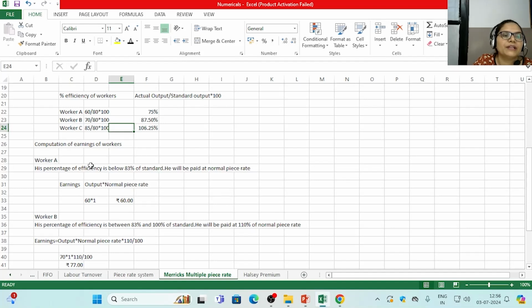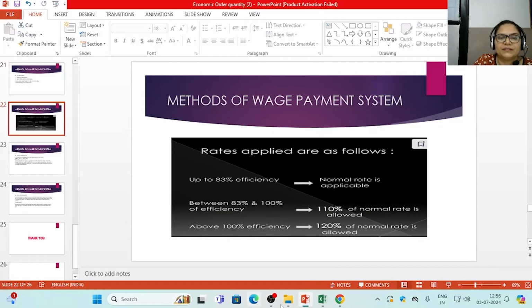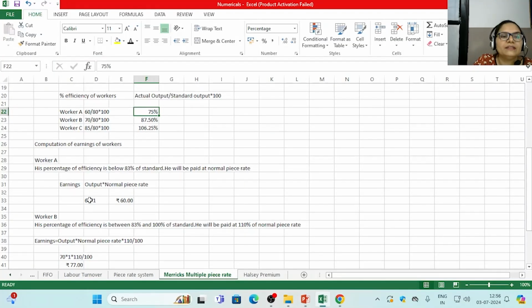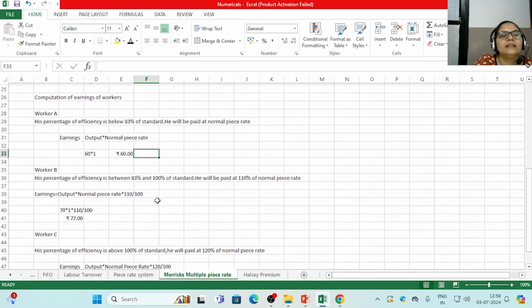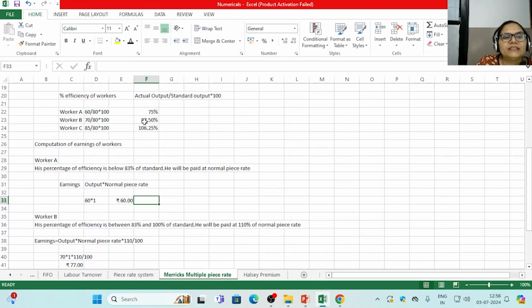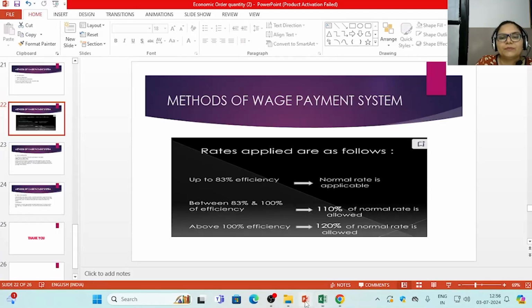So let's check out here. Worker A, his percentage of efficiency is below 83%. So as per Merrick, normal rate. Simply, his output is 60 multiplied by normal piece rate, which will give you rupees 60. Next is worker B, efficiency is 87%. So as per Merrick, he will be paid 110% of normal rate.